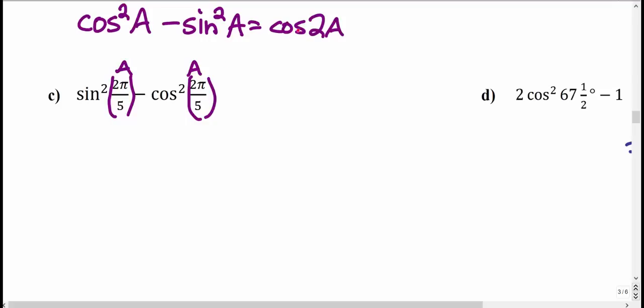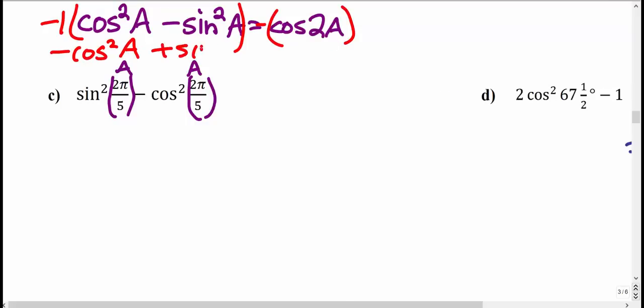So in order to make both sides equivalent, we would have to multiply both sides by minus 1. Then we could get the negative cosine squared A plus sine squared A, and that would be equivalent to minus cosine of twice that angle.